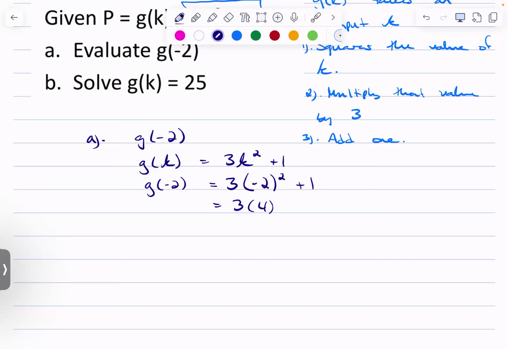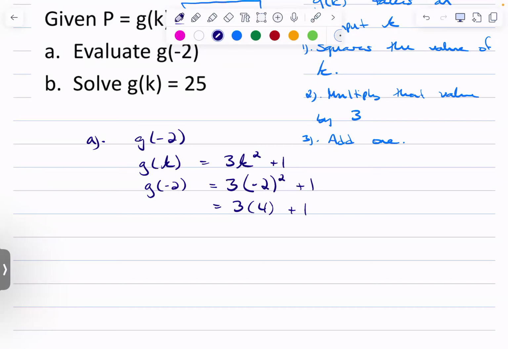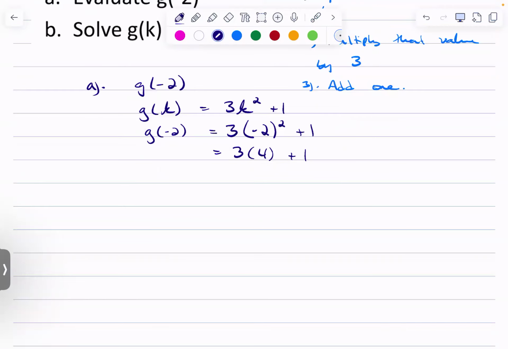So now I have 3 times 4 plus 1. 3 times 4, going to go ahead and say is 12. And then plus 1. 13. So g of -2 is 13.